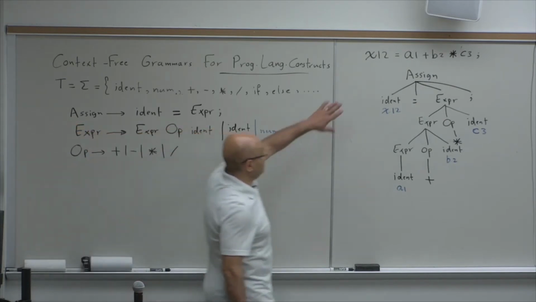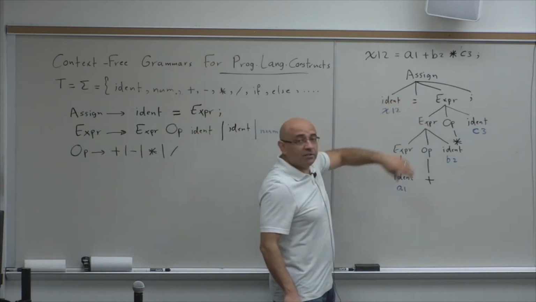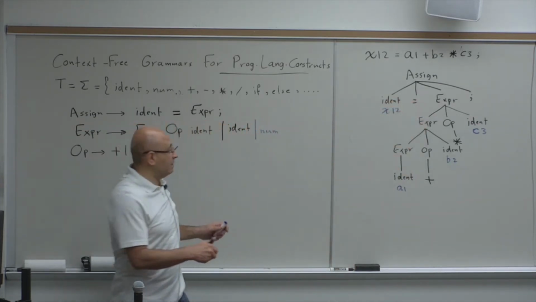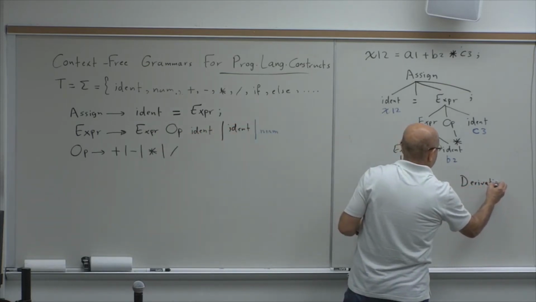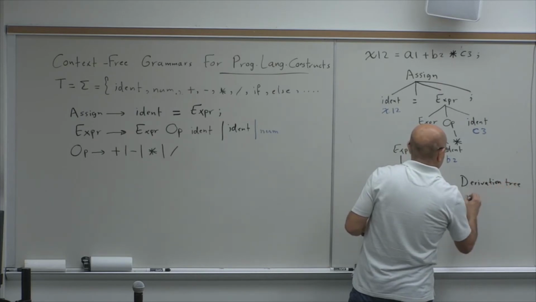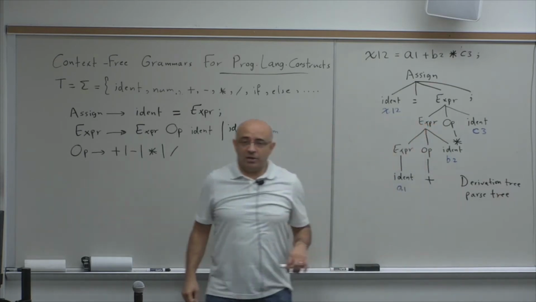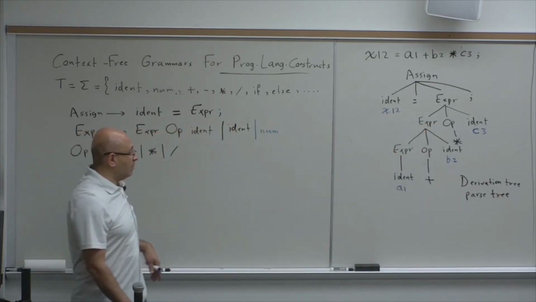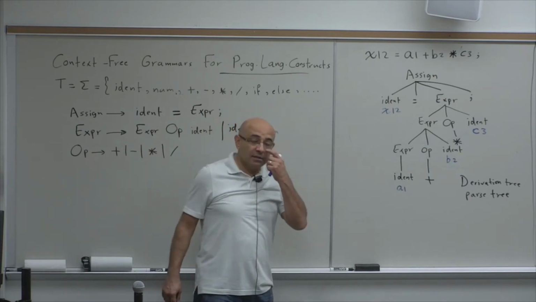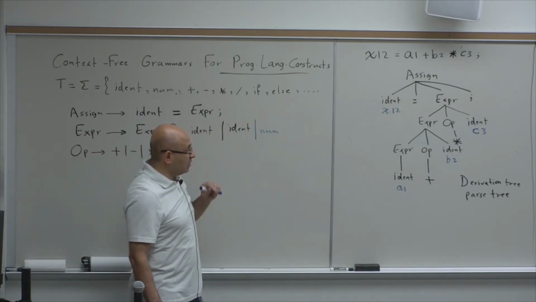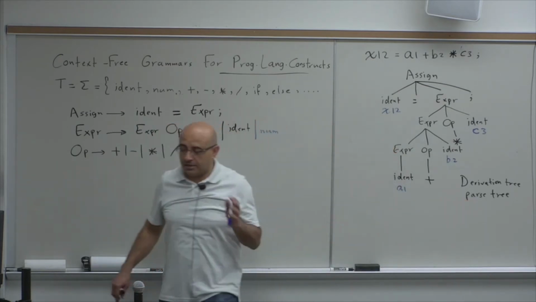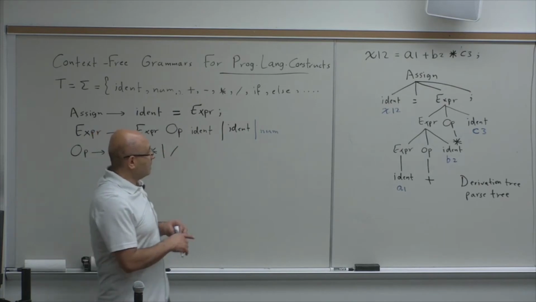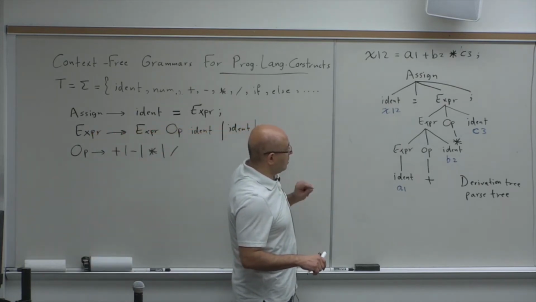So this is generating this derivation tree. By the way, this is what we call the derivation tree or parse tree, which in compilers becomes what we call the abstract syntax tree. In this course it's not important to understand the difference between a parse tree and the abstract syntax tree, but essentially they're the same, but the abstract syntax tree has more abstraction.